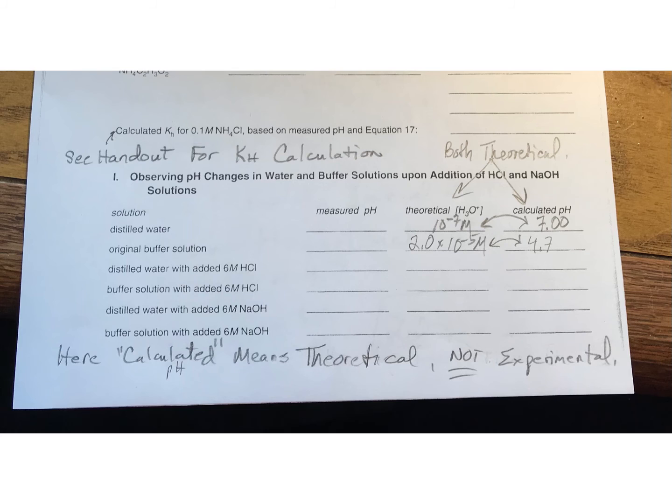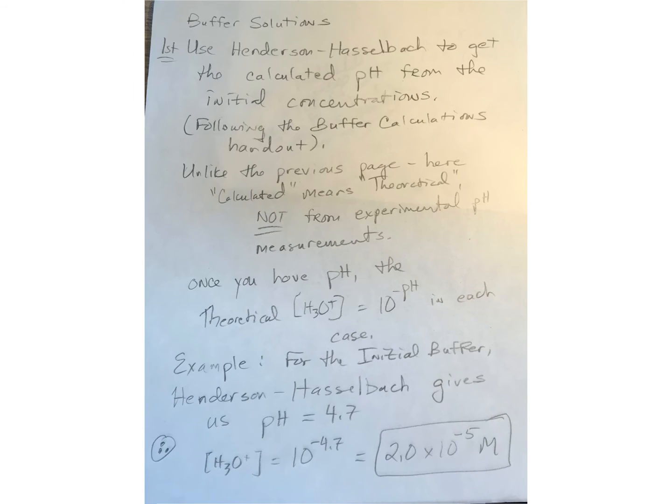So again, let me go to the next slide and go through one example for you. So for the buffer solutions, the first thing we're going to do is get pH. Then you'll get the theoretical hydronium. So first use the Henderson-Hasselbalch equation to get the calculated pH from the initial concentrations.